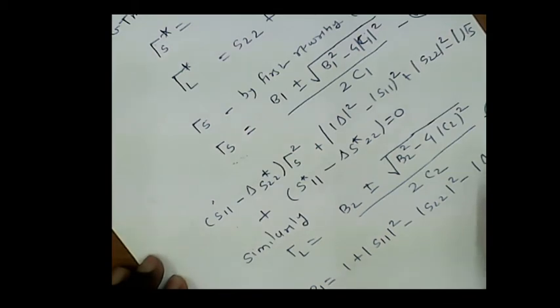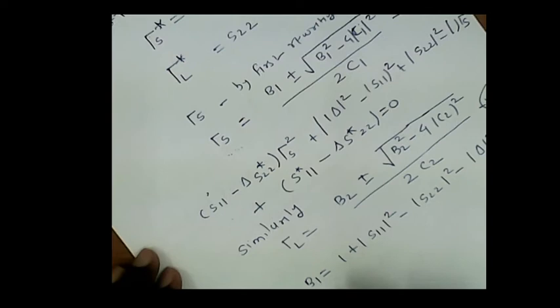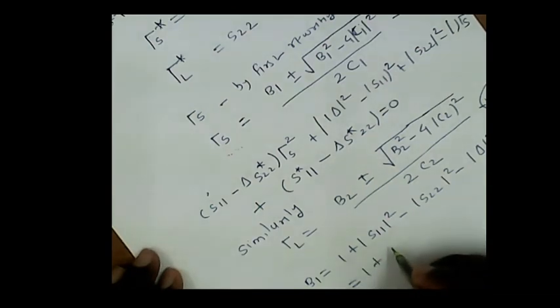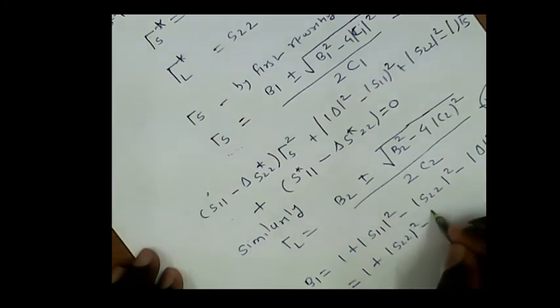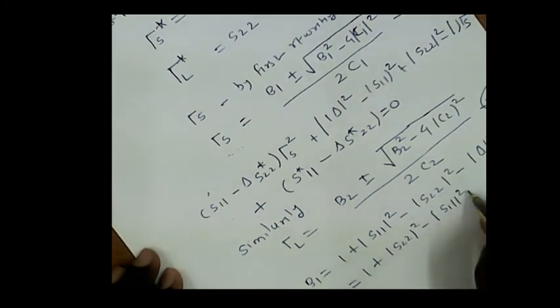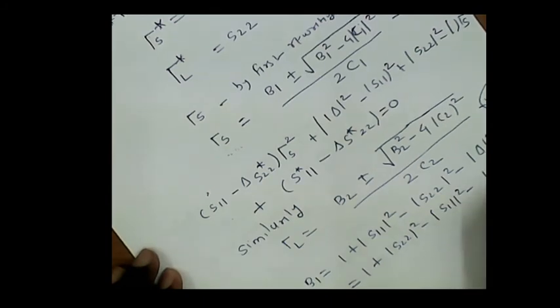So this is equation number 9. Similarly, we find B2, which is a parameter, 1 plus S22 squared minus S11 squared minus delta squared.